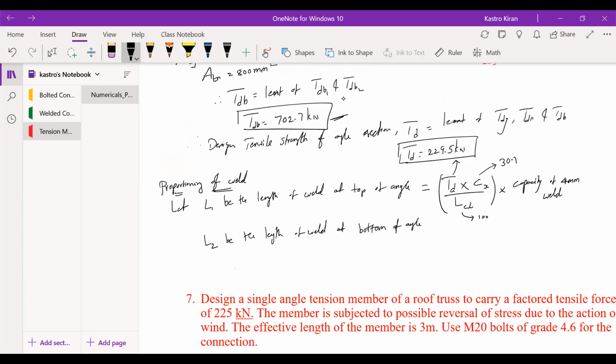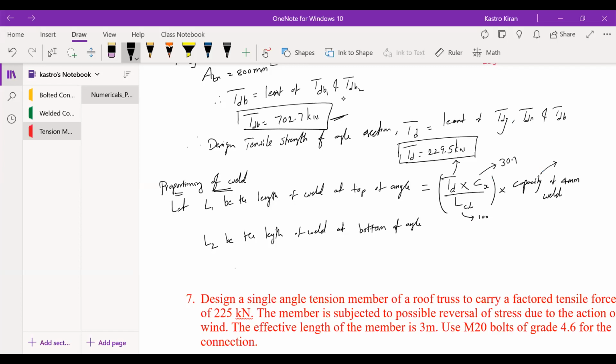And this is the one which we don't know. It is usually taken that when the size of the weld is 4 mm, the capacity is taken as 0.53 kilonewtons per mm.